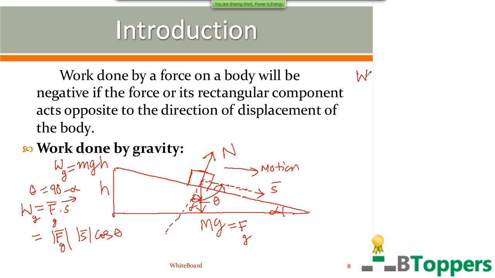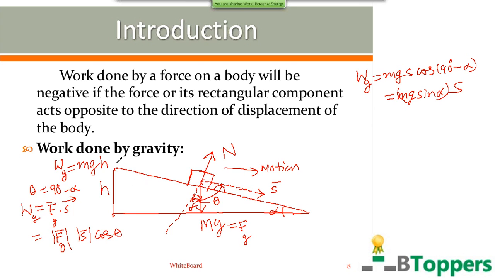The magnitude of the gravitational force is mg, and theta equals 90 minus alpha. Then cos of 90 minus alpha is sin alpha. So the work done by the gravitational force on the body can be written as mg sin alpha into s. S is the magnitude of displacement parallel to the inclined plane.